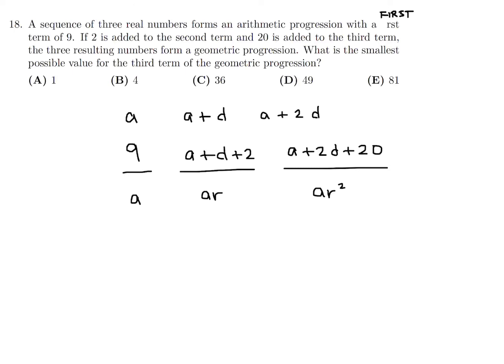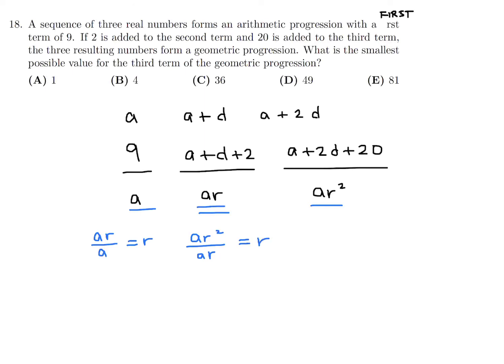So we know that if you have 2 terms in a geometric progression, AR and A, and you divide them, the result will just be R, right? Because the A's cancel. And you do the same with the third and the second term, AR squared divided by AR.